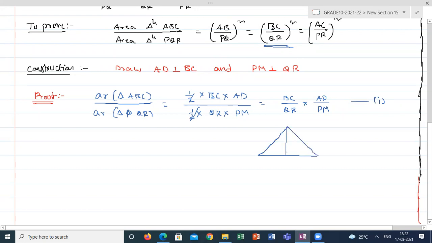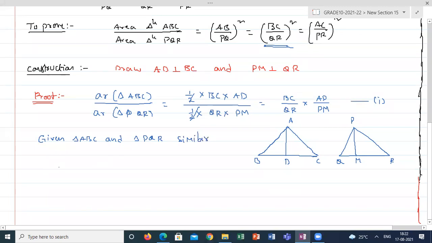So I am taking now, from the previous theorem, if a perpendicular is drawn from one vertex of a triangle to the opposite side, what can I say? PQR, this is M. ABC and PQR are similar to each other. Given ABC and PQR are similar.